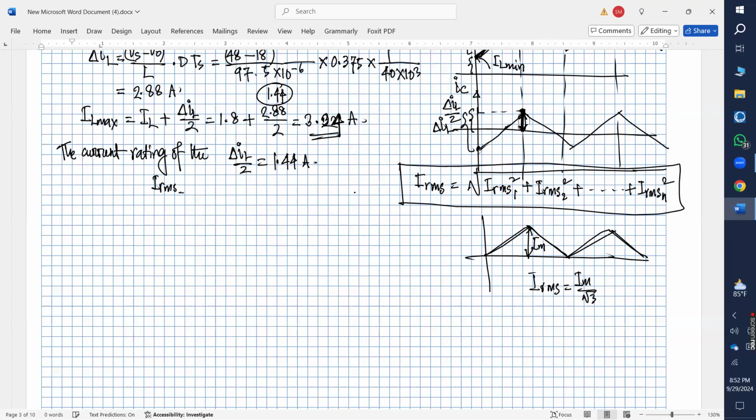IRMS triangular should be 1.44 divided by √3. What should be this value? Sir, 0.831.